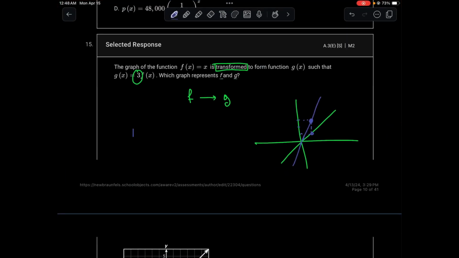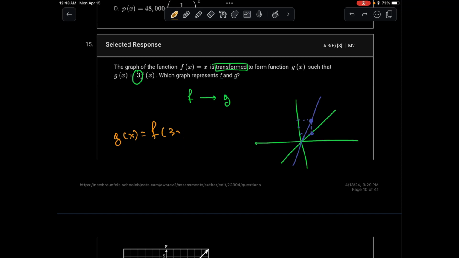If it was g of x equals f of 3x, if the 3 was associated with the x, then I would manipulate the x coordinate, the horizontal coordinate.